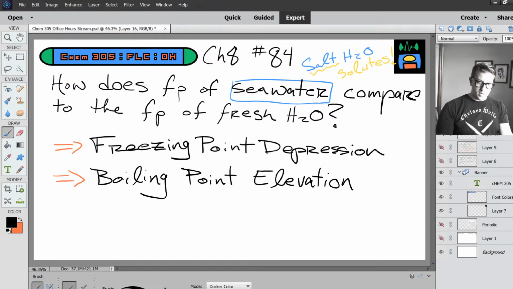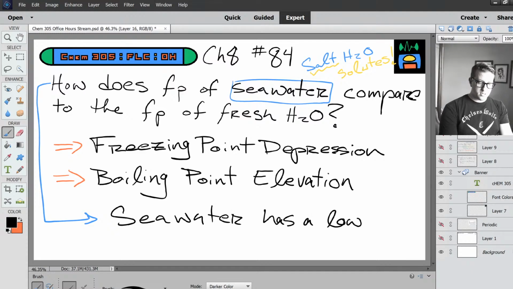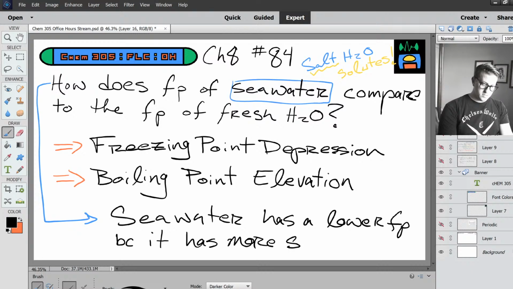So for this problem, how does the freezing point of seawater compare to freshwater? Seawater has a lower freezing point because it has more solutes. Or I should say, not more, has a higher concentration of solutes.